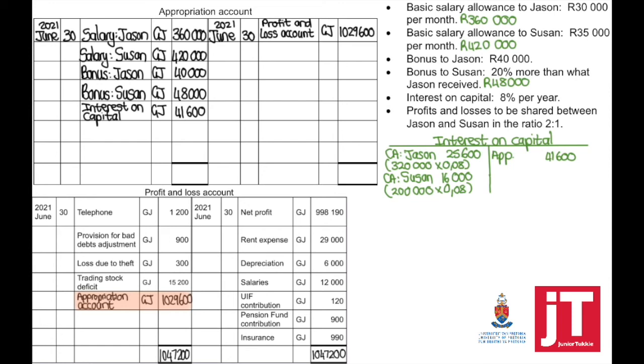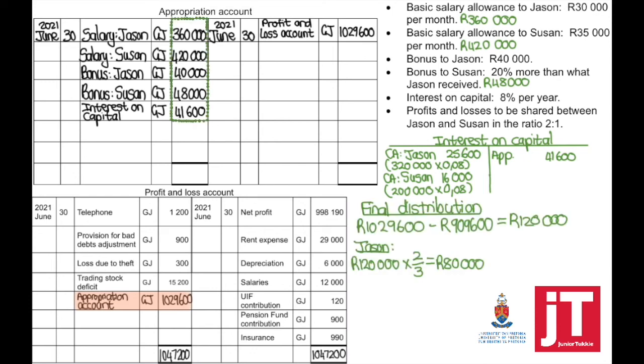Make sure that you always add the total interest on capital. For Jason, it was 25,600 plus 16,000 for Susan. That equals the total interest on capital. Show your calculations in brackets, in a test or in an exam.